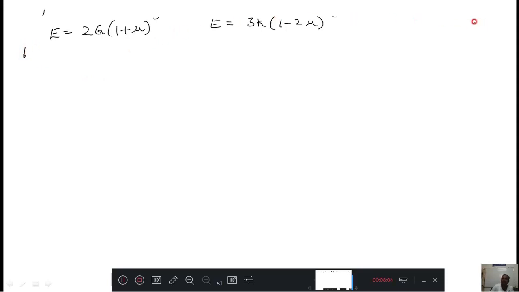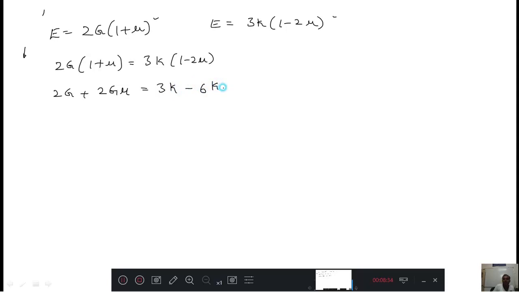If it is less than 6 marks, 5, 4 like that, then whatever I explain here is enough. Now this is also E, this is also E, therefore I will equate 2G(1 plus mu) equal to 3K(1 minus 2 mu). Now we get 2G plus 2G mu is equal to 3K minus 6K mu.